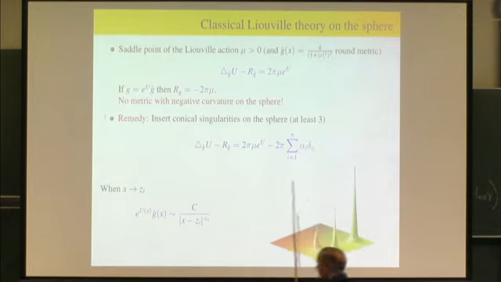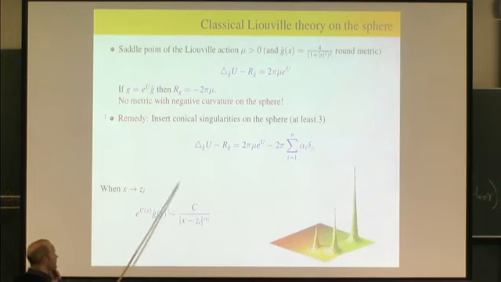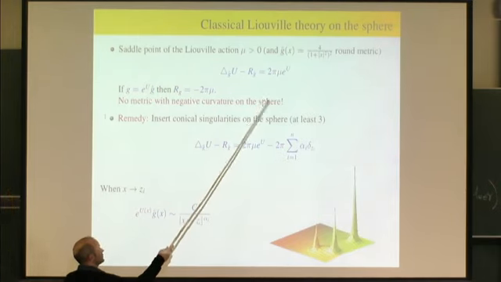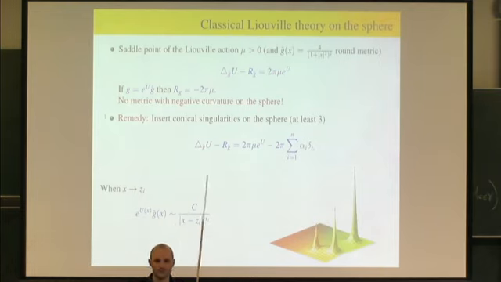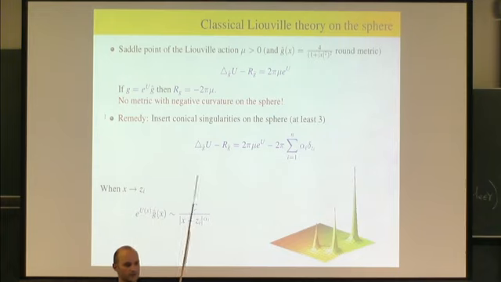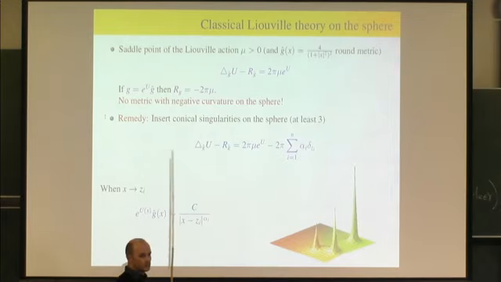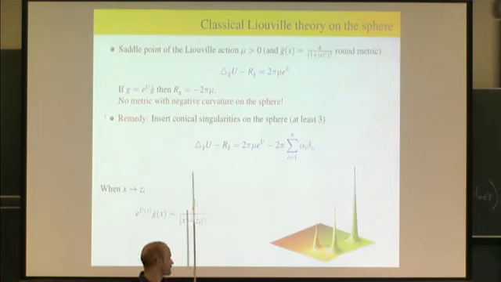The classical way to overcome this problem in classical Liouville field theory is to add some curvature. You have a defect of positive curvature. You don't have enough positive curvature on your sphere to find a solution to this equation. So you will choose some insertion points.